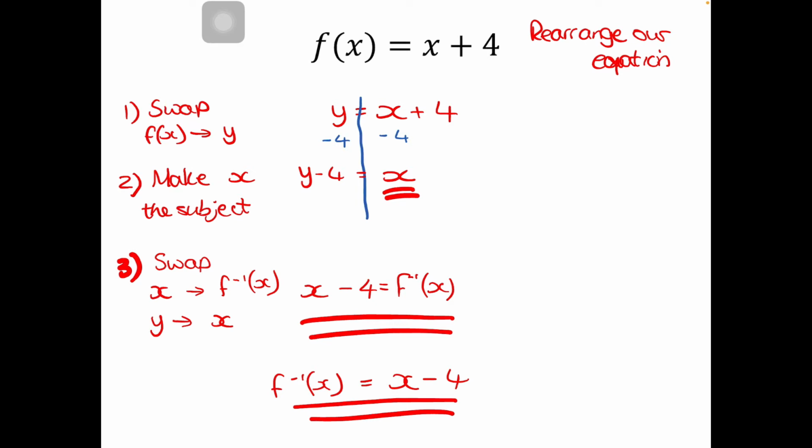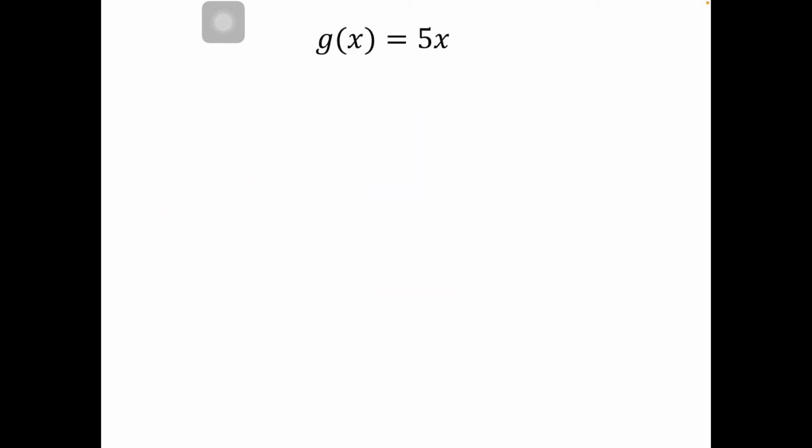Right, let's just have a look at another one. So remember, guys, we can change these letters. Okay, it doesn't matter. It's just a different way of labeling a function. So g of x equals 5x. So first thing I'm going to do is this time it's going to be swapping g of x for y. So this now becomes y equals 5x.